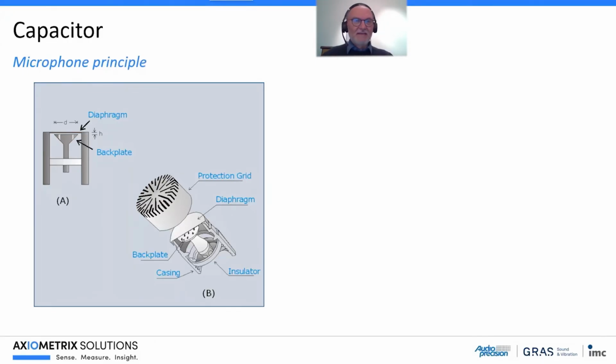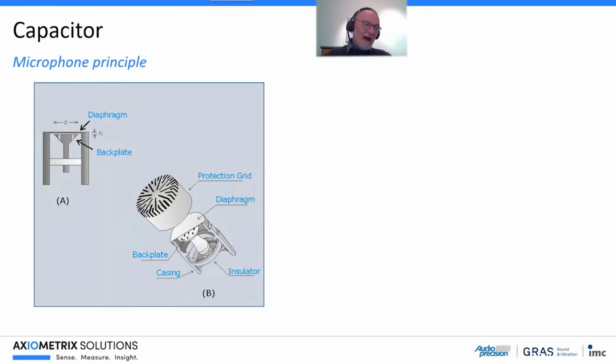So we could start calculating the size of our capacitor. If we look at drawing B here, we can see that the microphone is a very simple device. It only consists of a few components.